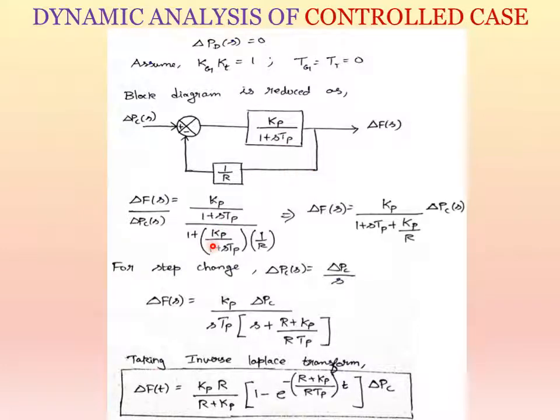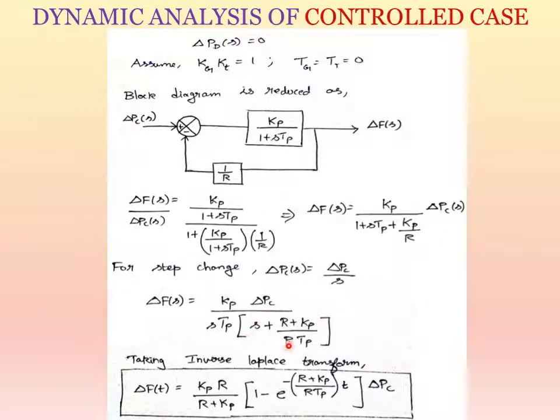So when we take the transfer function, output by input, del f of s by del Pc of s, it is G of s divided by 1 plus G of s into H of s. This equation is reduced like this. And now when we apply the step change, your del Pc of s will be del Pc by s.